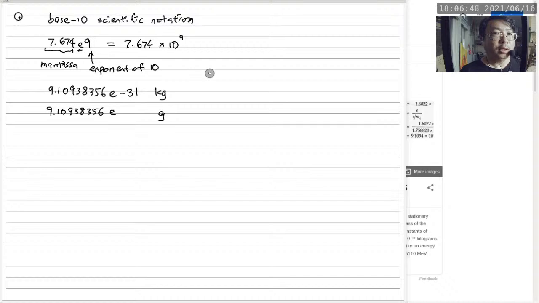So when we measure in grams, we have to multiply by 1,000, which is accounted for by increasing negative 31 to negative 28. There we go. All right. Does that make sense?